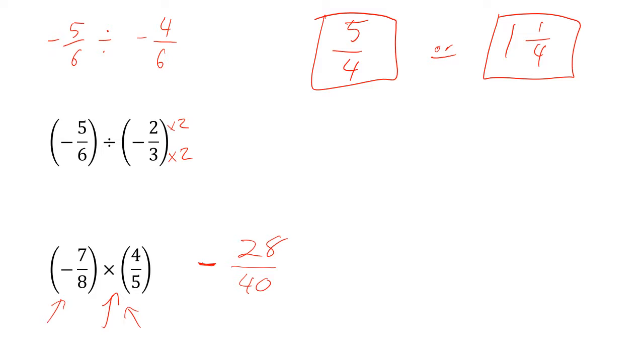Now this can be reduced, and what we can do is I can see that 28 we can divide by 4, and so this is going to be a 7, and this one right here can also be divided by 4.